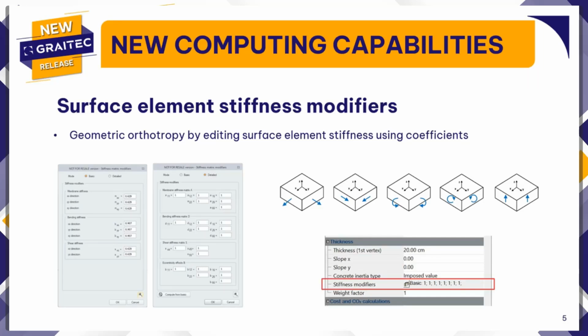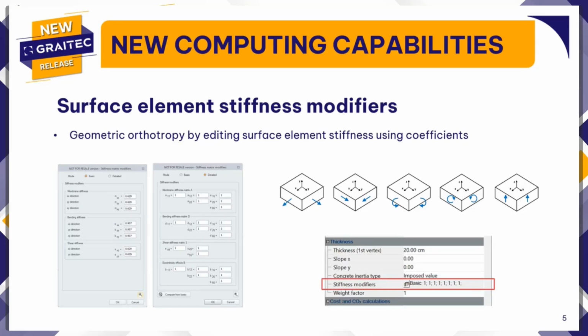We can edit stiffness using 2 modes. In basic mode, we can enter coefficients separately for different directions of different stiffness types, like membrane stiffness, bending stiffness, or shear stiffness. And for more advanced users, there is a detail mode, which allows modification of the element stiffness matrix.